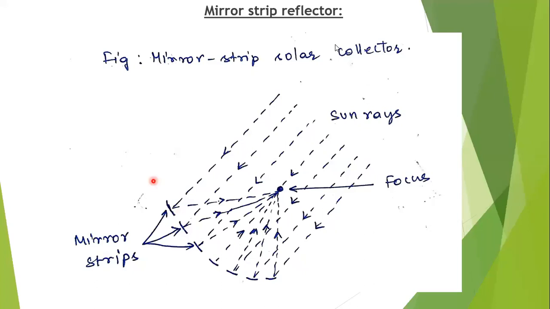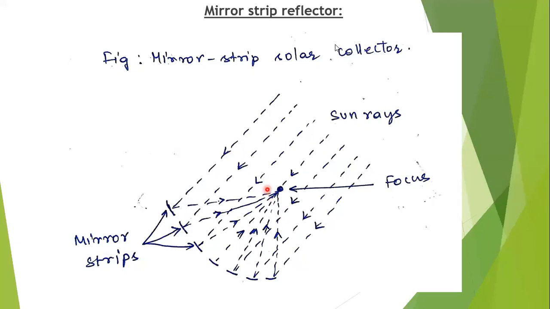Okay, so the angle of each individual mirror is such that they reflect all the solar radiation from a specific direction. They are collecting the solar radiation from the specific direction, and these are focusing on the same focal line. So the angle of the mirror should be adjusted to allow for changes in the sun's elevation.